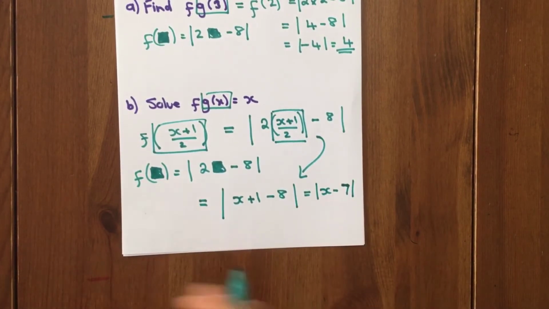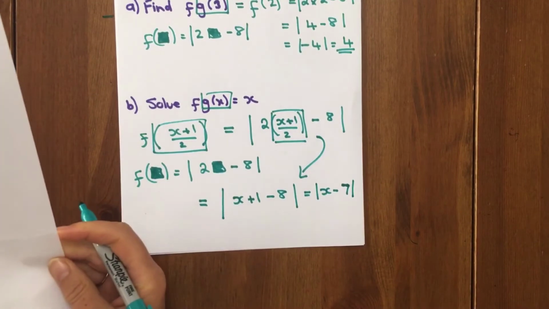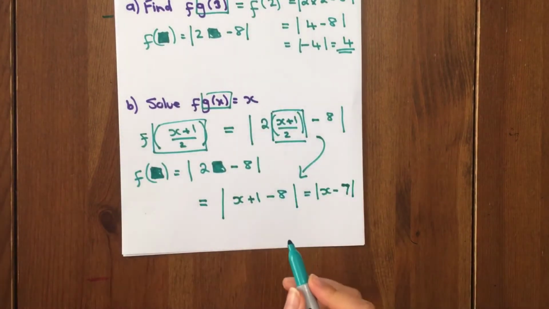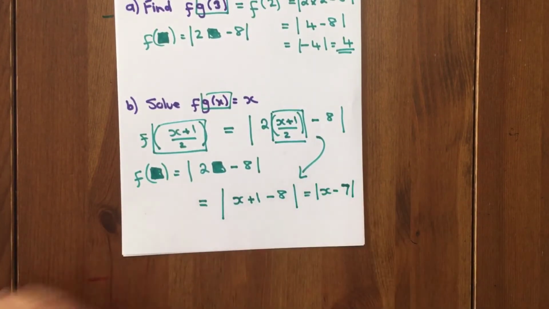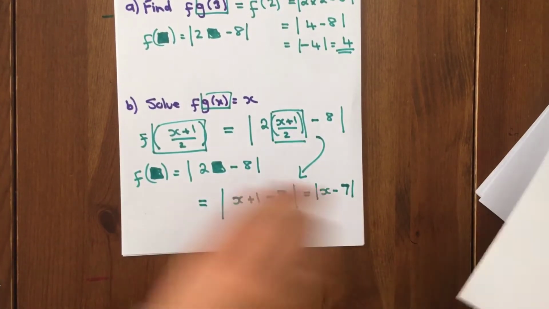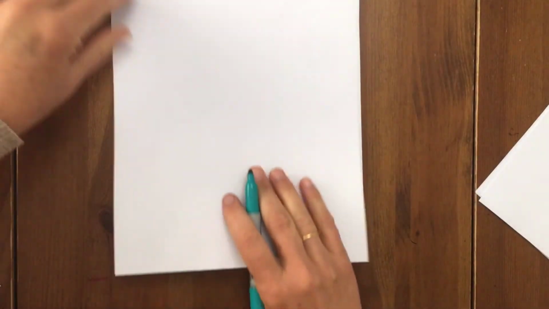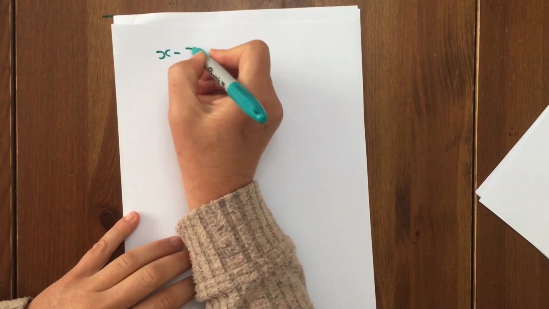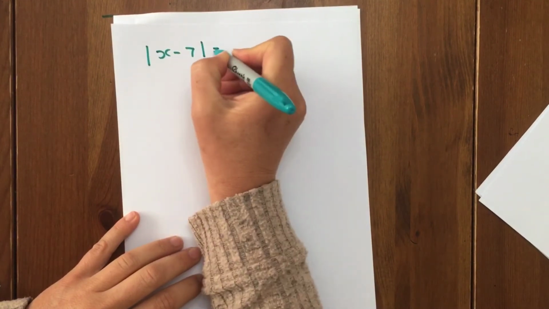Okay, so I've worked out what f on g of x is, and now I want to look at solving it equal to x. So I'll just get some fresh paper. So I want to solve the modulus of x minus 7 equals x.